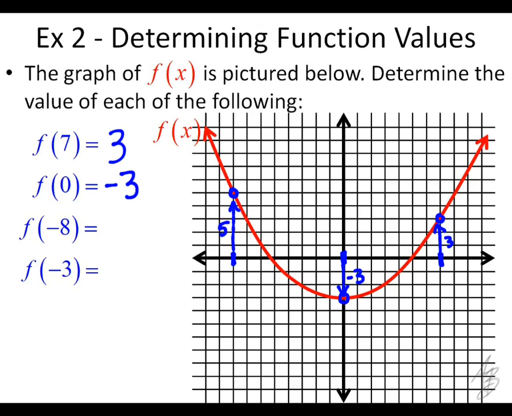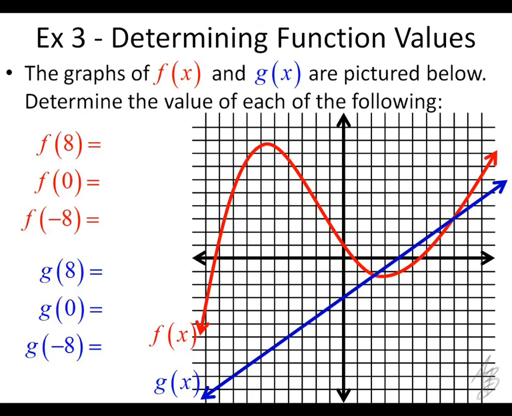So f of negative 8 equals 5. And the last one, f of negative 3. We're going to go to negative 3 on the x-axis. And to get to the function, we have to go down 2. So f of negative 3 equals what, Jesse? Negative 2.